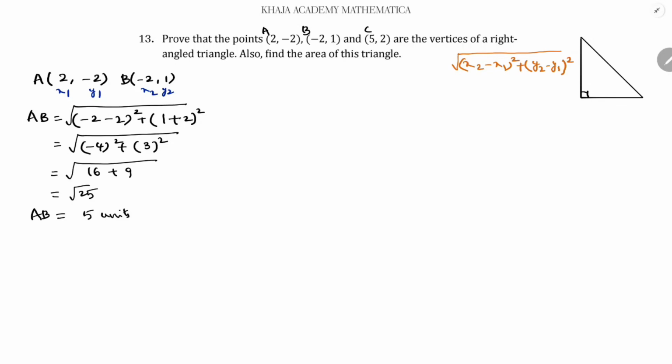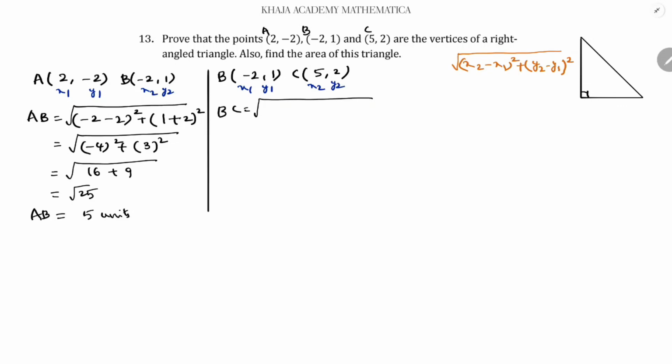Now I'll find BC. B is (-2, 1), C is (5, 2). Under root, x1, y1, x2, y2.